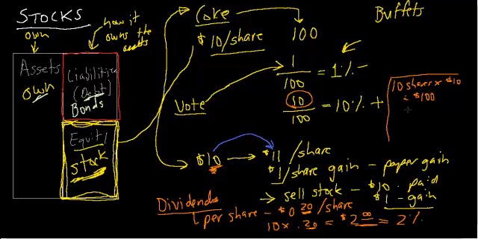Well, if your dividend is $2 and you spent $100 to buy those shares, then your dividend percentage, or your dividend yield, is 2%. Well, if the dividend were a little bit higher than that, you could actually get 5 or 6% maybe on a dividend yield, which if you looked at bank accounts recently, is a whole lot higher than you can get by putting your money in the bank.